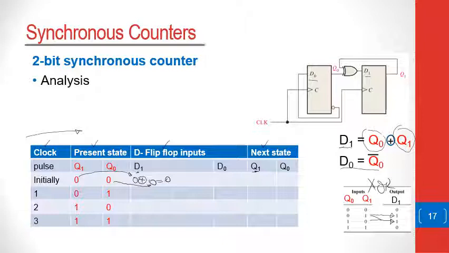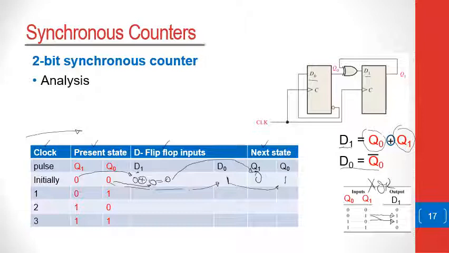So D1 would be 0, and because D1 is 0, Q1 in the next state would be 0. Now, D0 would be the opposite, Q0 not, so this will flip Q0. Because Q0 is 0, Q0 bar would be 1, D0 would be 1, and therefore the next state of Q0 is going to be 1.